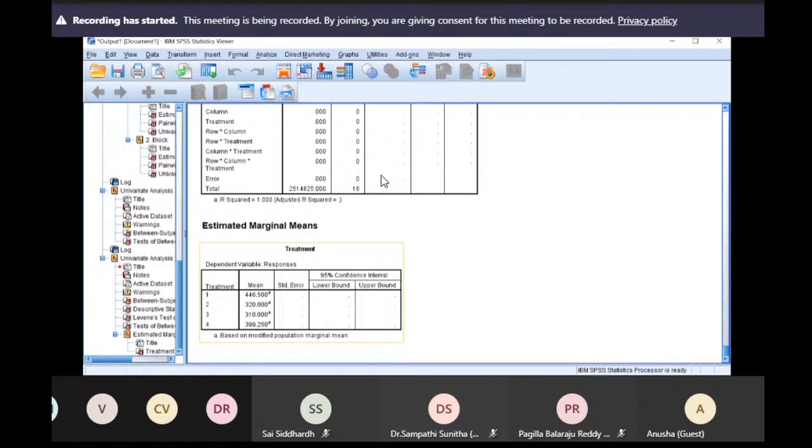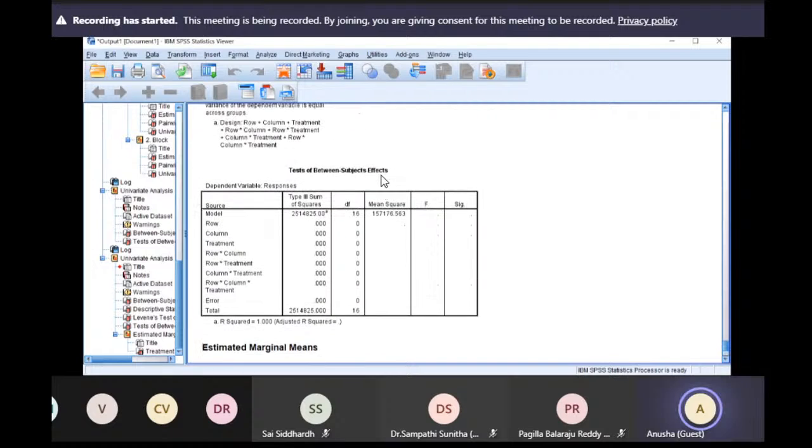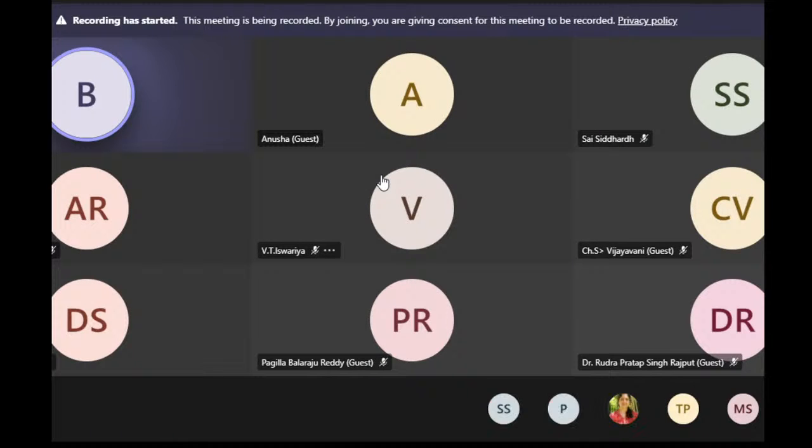This is only the ANOVA table, the above table. Here is the model, and row sum of squares, column sum of squares, and treatment only. The other three are not required. I think it may be type 3 that you have selected, maybe some type 4 or type 2. Due to that, we have to trial it because I'm not remembering. So you can check it once later. Okay.